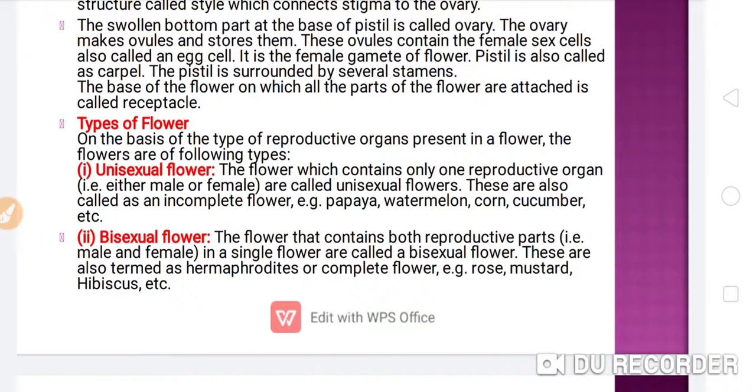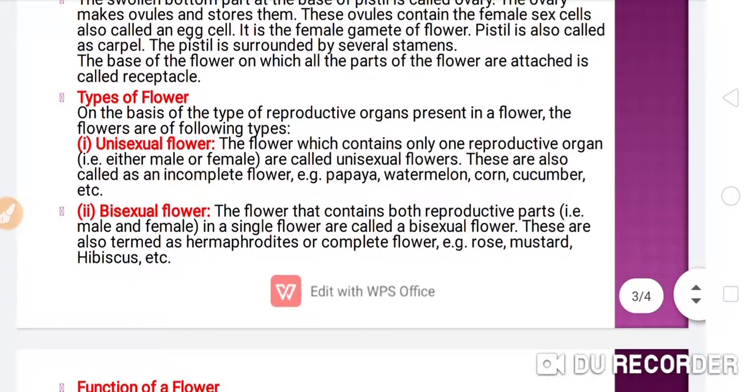These are also called incomplete flowers, meaning they have either only the male reproductive part or only the female reproductive part. For example, papaya, watermelon, corn, cucumber. So these are examples of unisexual flowers.